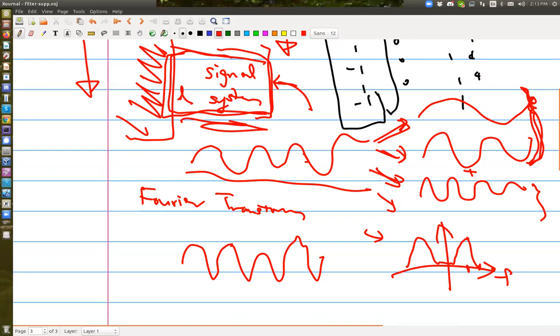A classic filter filters the signal at different frequencies. For example, you have a low pass filter of this shape.